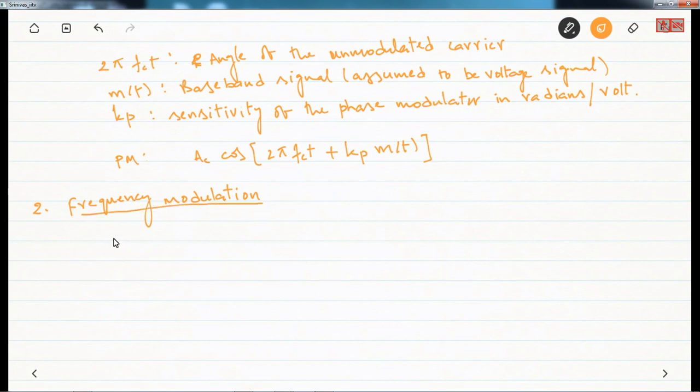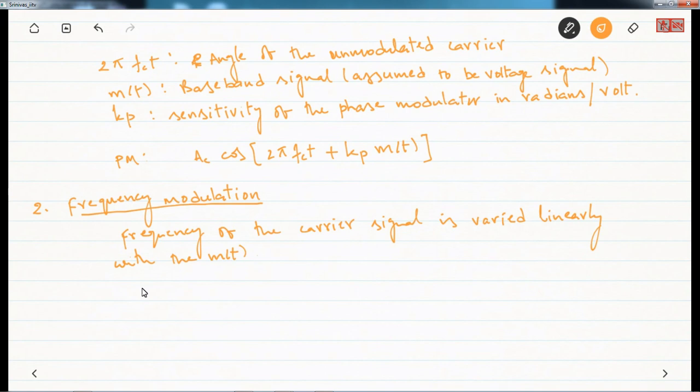In frequency modulation, the frequency of the carrier signal is varied linearly with the baseband signal m of t, right?